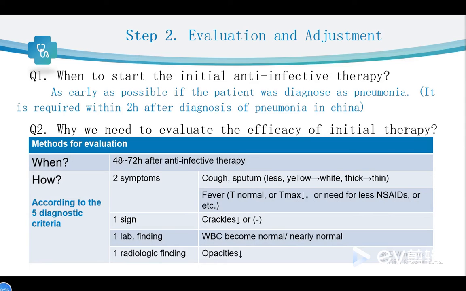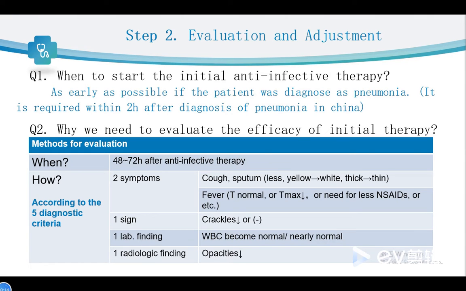And this table shows the methods for the evaluation of the initial therapy. The first question: when to do this evaluation? We need to finish the evaluation within 48 to 72 hours after anti-infective therapy.